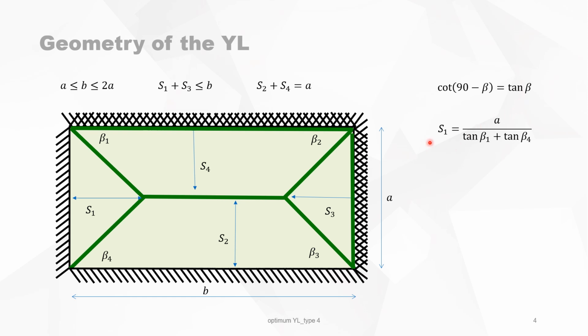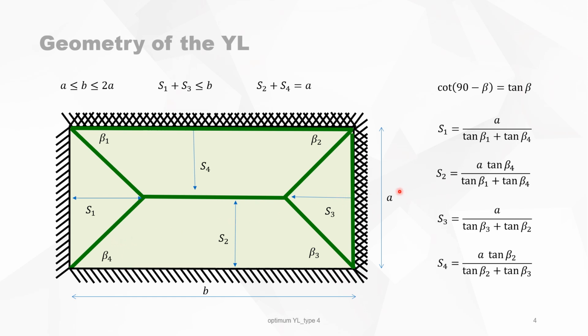So we can write that S1 is A divided by the tangent of beta 1 plus the tangent of beta 4. For S2, you see easily that S2 is equal to S1 times the tangent of beta 4. Now we do the same for the other portions, with the same rule, and we obtain those relationships.